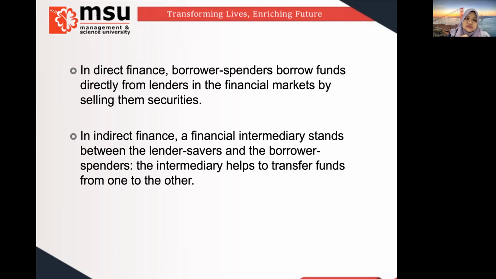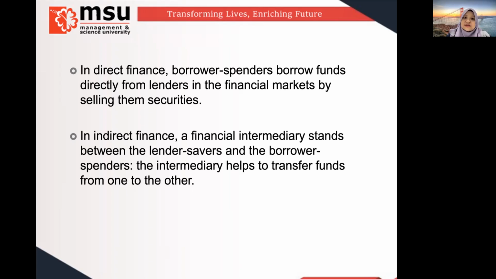Instead of us interacting directly, where we have no proper contract, it's better that financial intermediaries decide the appropriate amount that can be given to the borrower.